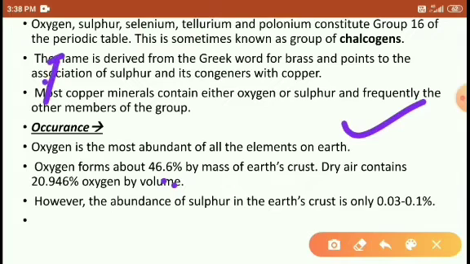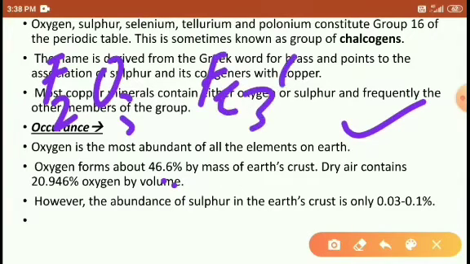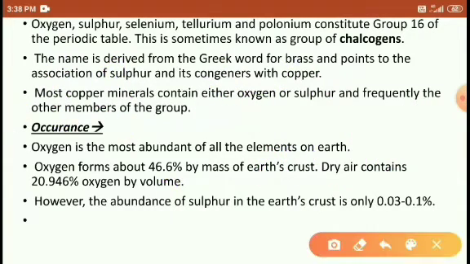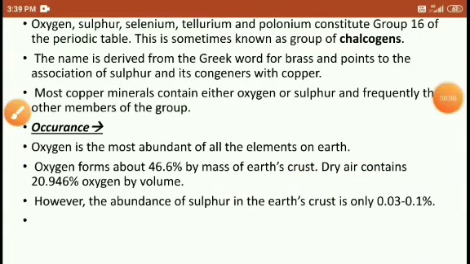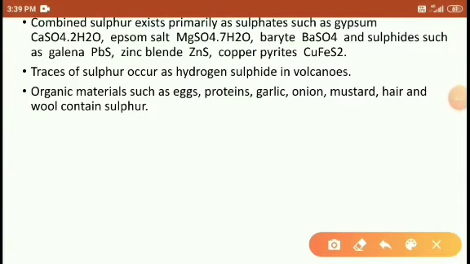In the earth's crust, it combines with metals, as Fe2O3, Fe3O4, Cu2O, etc. Sulfur is also present in the earth's crust. Sulfur is combined with metals in forms like gypsum, epsom salt, iron pyrites, copper pyrites, etc. Students, sulfur occurs as hydrogen sulfide in volcanoes.